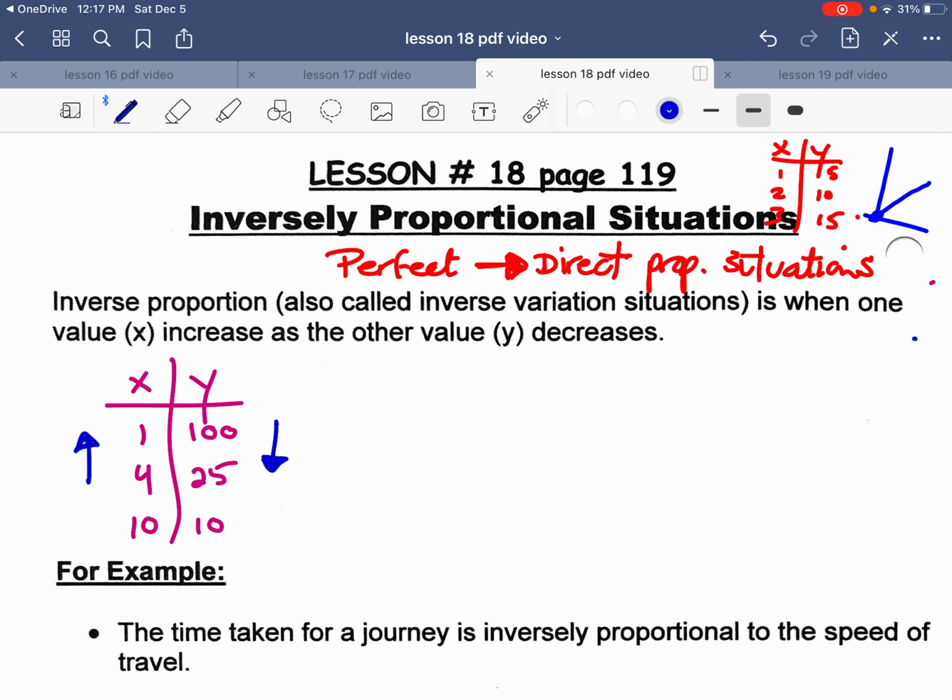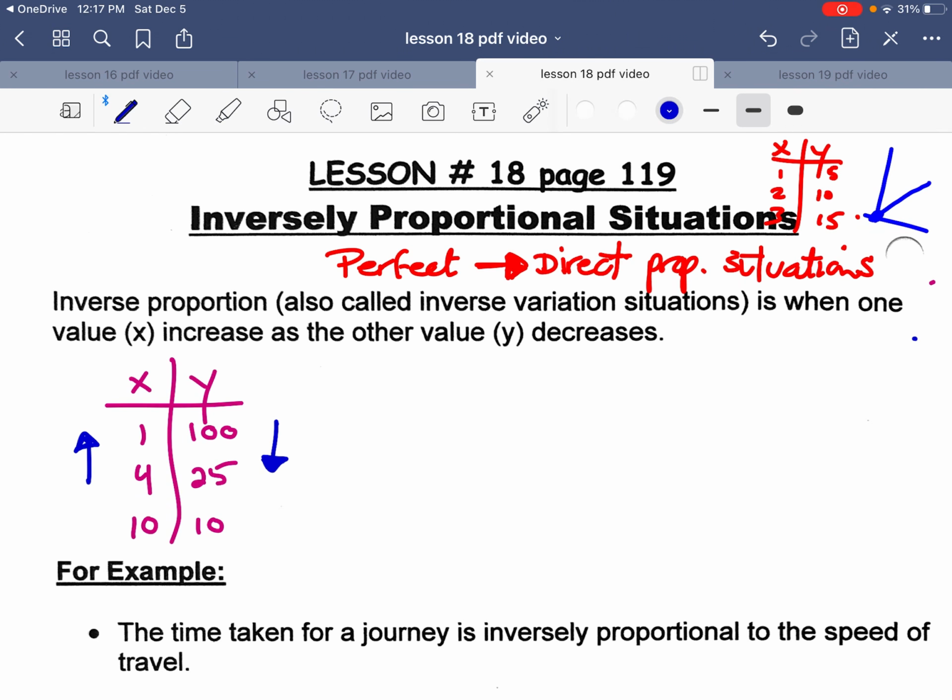Also, you have to notice that I'm no longer able to say y divided by x here. In this situation, you can't do y divided by x. Y divided by x works for the proportional situation, right? So here I would say 15 divided by 3, 10 divided by 2. My proportional coefficient here would give me a perfect 5.